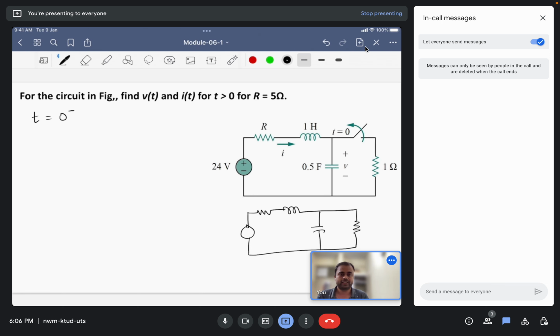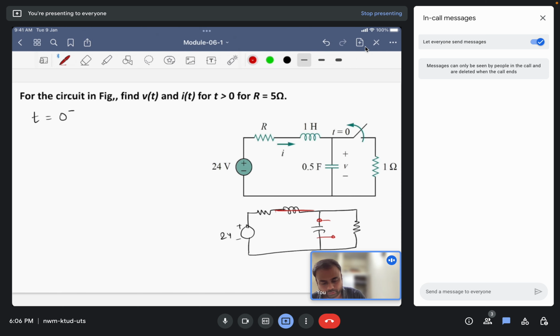Since the circuit has been in this position for a long time, the inductor behaves as a short, with no potential drop across it, and the capacitor behaves as an open circuit.